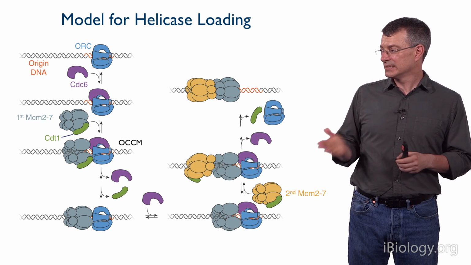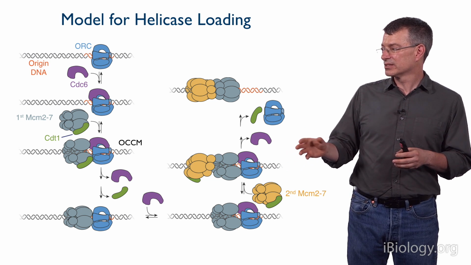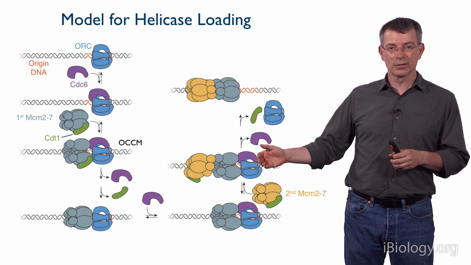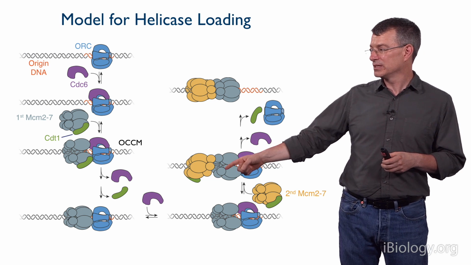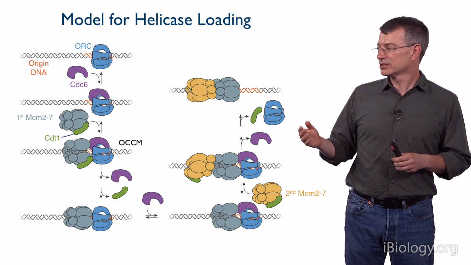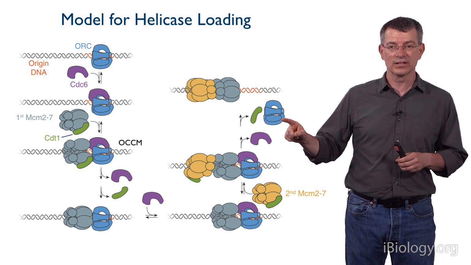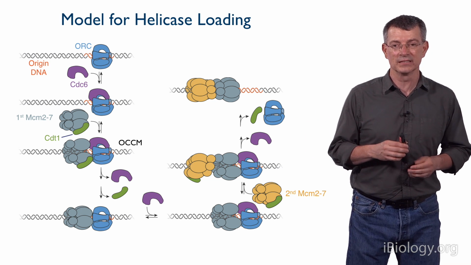Then we have a second CDC6, a second MCM-CDT1 binding, and this leads to the formation of the first double hexamer interactions, and we believe that's mediated by the N-terminal interactions between MCMs, and that's in turn followed by the release of CDC6, and we believe the simultaneous release of CDT1 and ORC from the DNA.